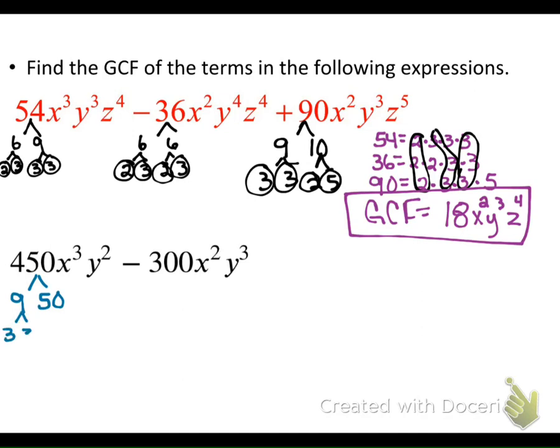For 50 is 10 and 5. And then for 10 is 2 and 5. Kaylon, for 300? 10 and 30. Then you do a 2 and 5. Then you do 3 and 10. Then you do 2 and 5.